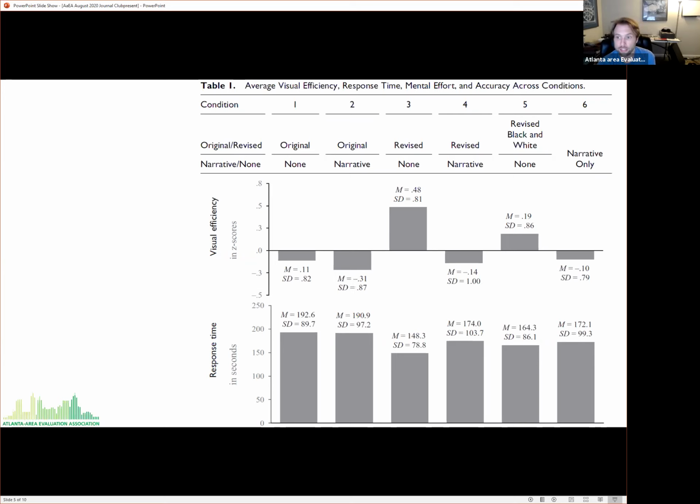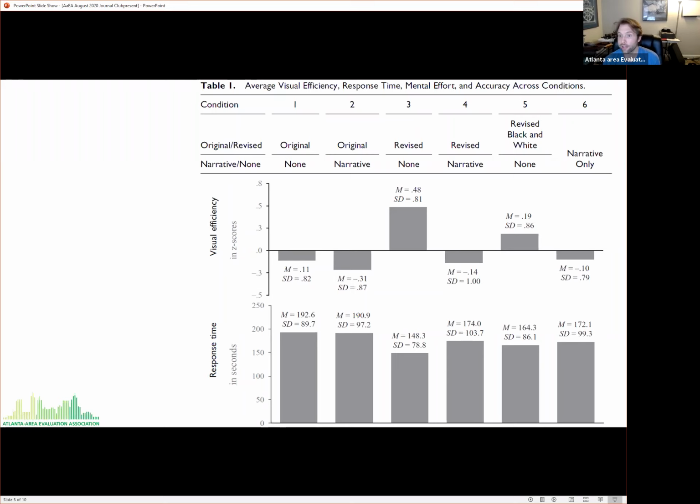So, as we can see here, there are some really striking differences, right? Overall, between the 6 conditions, they did find meaningfully, or I should just say statistically significant. I always try to shirk away from statistical significance, but that's okay. The revised by itself was a really efficient way of giving the information.